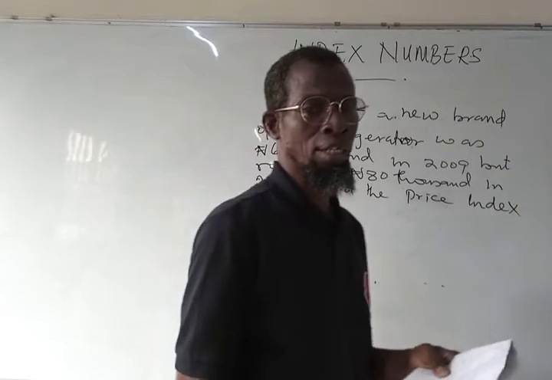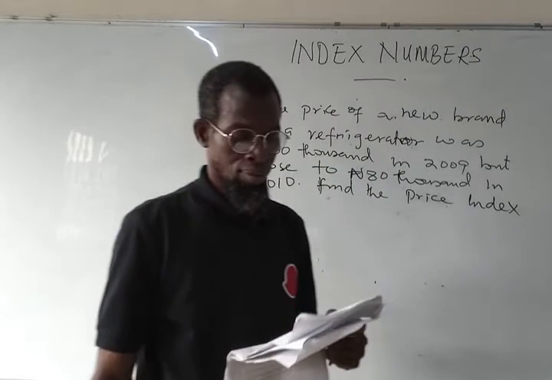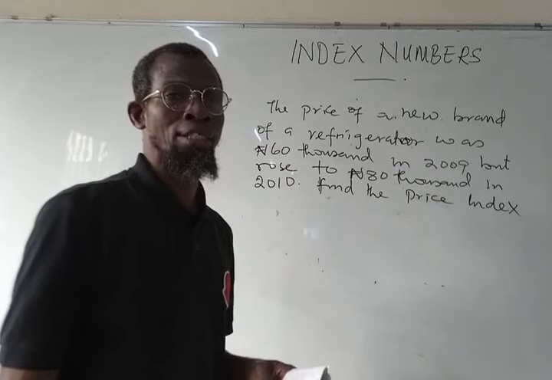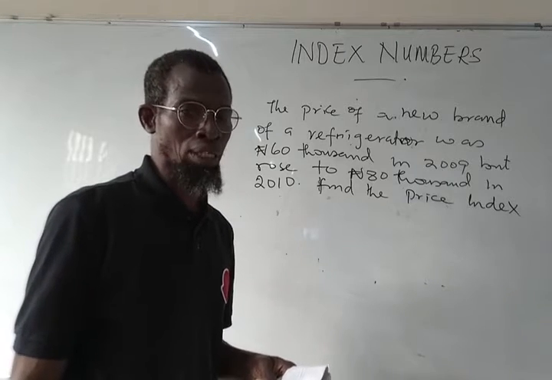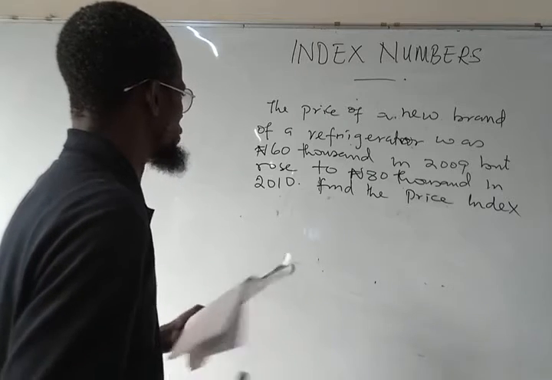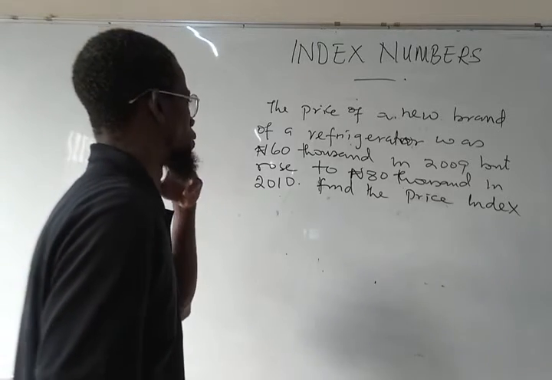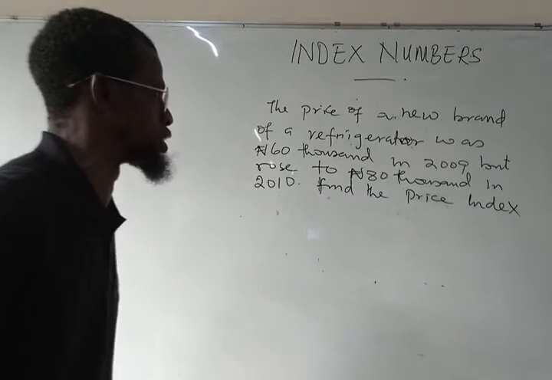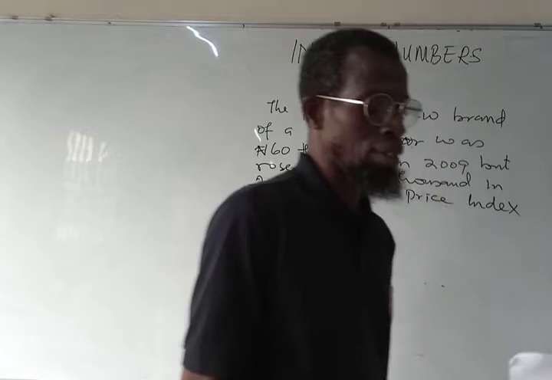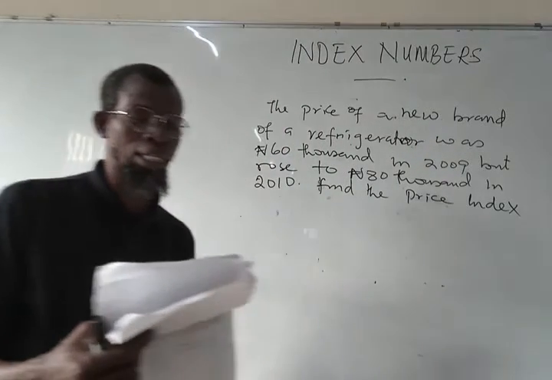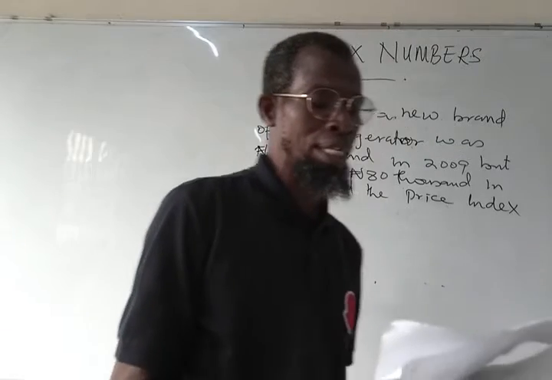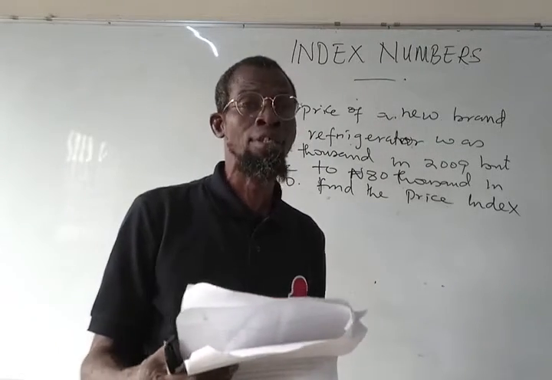So you can see, to find the price index of this, we are informed that the refrigerator was sold at the rate of 60,000 in 2009, and as well given the information about the cost of the refrigerator in 2010.